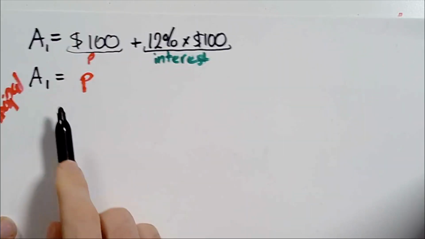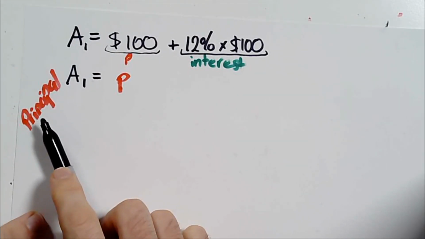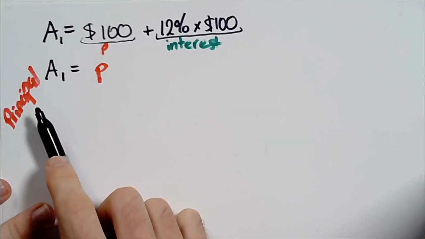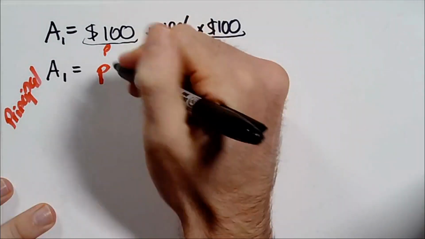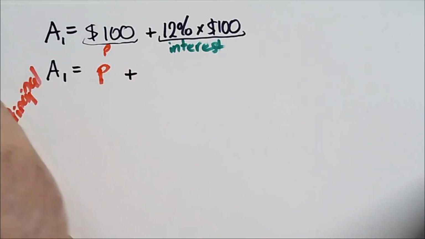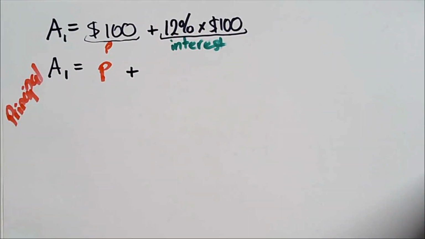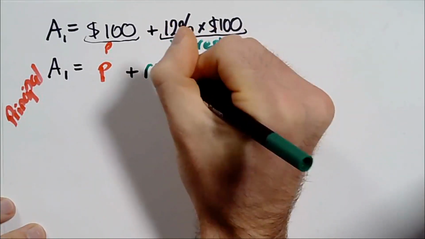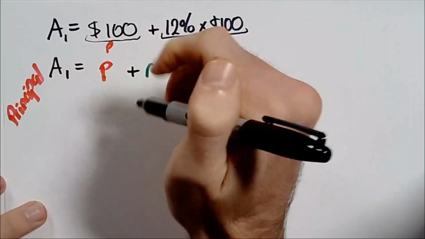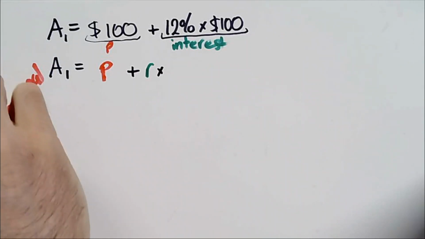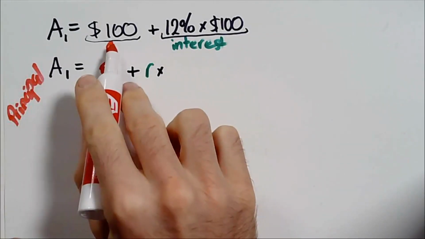Principal is the initial amount. It's the initial amount you borrow or invest. Okay, so it's the principal, the $100, plus it's going to be 12%, which is the interest rate. And I'll do that in green. It's the interest rate, and we times the interest rate by the principal. Okay, so you're back to the P. See how it was 100 and 100?